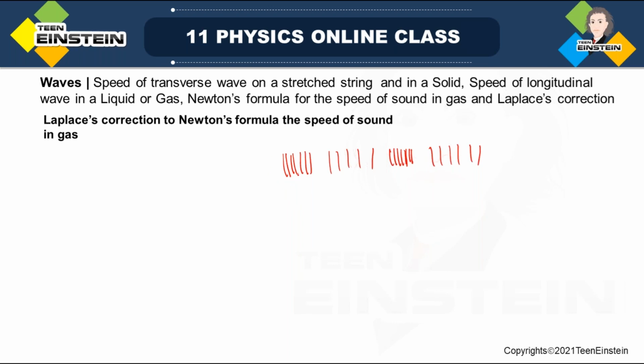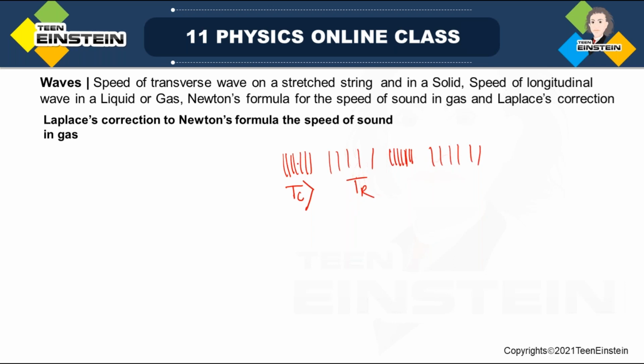generated, according to Newton, is transferred to the rarefied region. Actually here, suppose this is the compression region and this is the rarefied region. In general, since here is a compression, heat will be generated, so the temperature will be more at this compression region compared to this rarefied region.